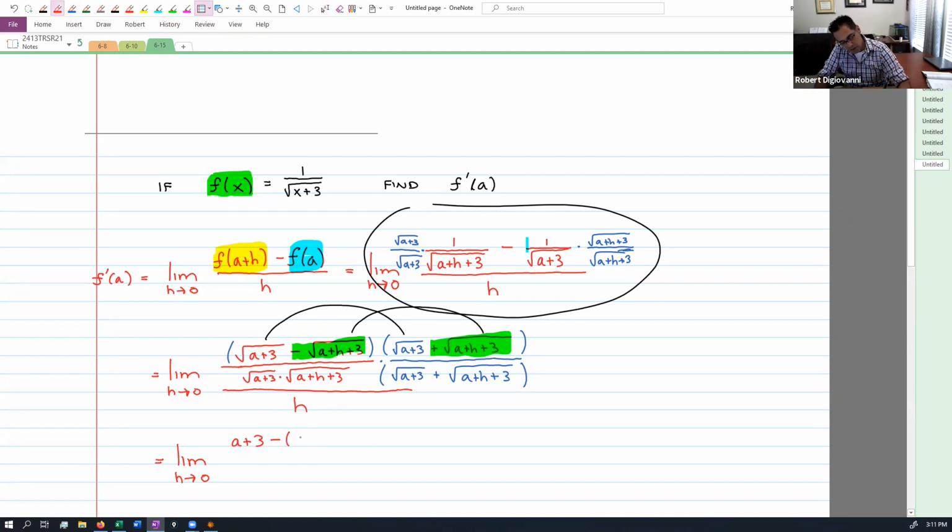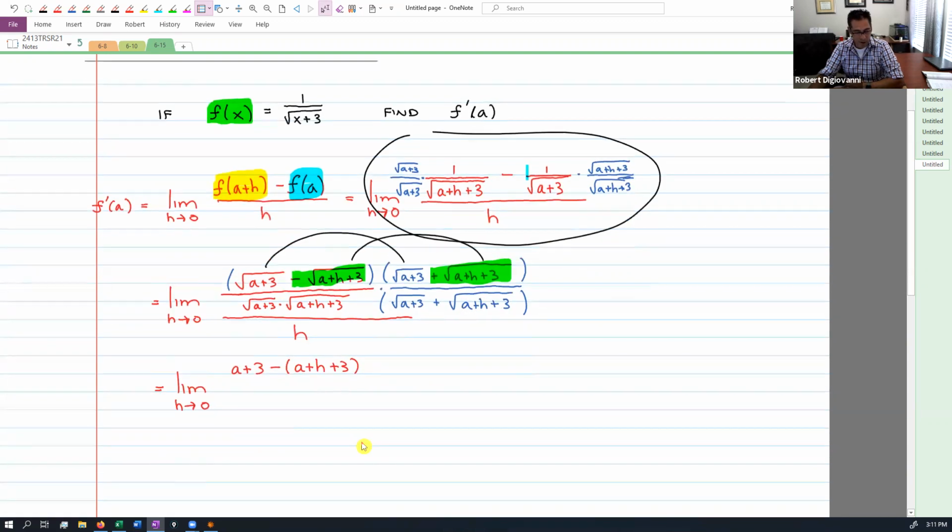So I'm going to go a little slower. I'm going to go a plus h plus 3, but it has to be in parentheses because the negative sign must distribute to each one of them. Now look at how bad the denominator is right now. It's this times all of that. So I'm not going to multiply it out.